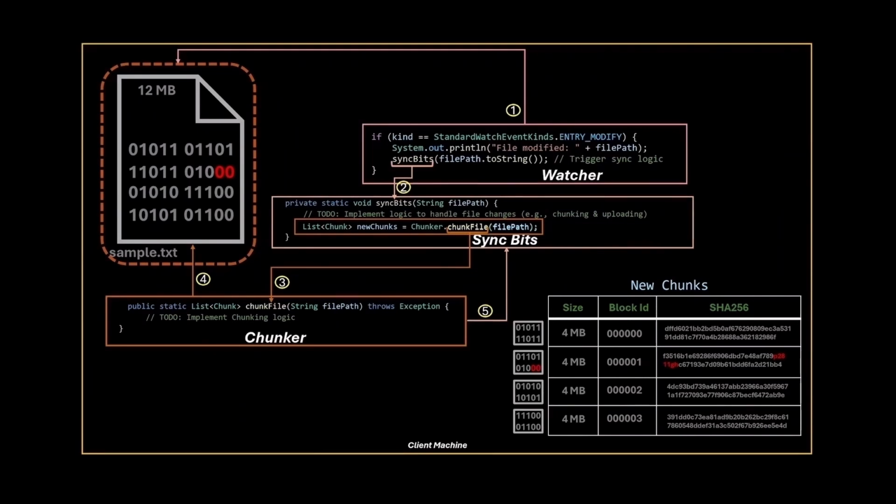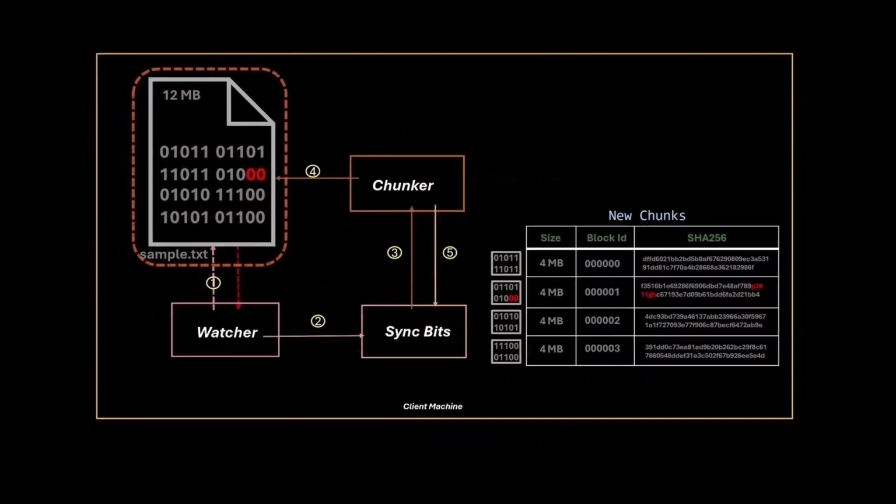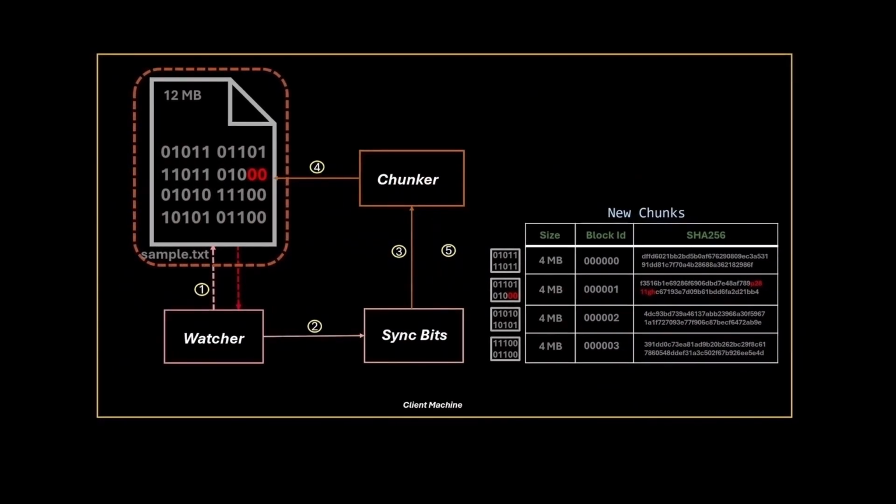The chunker service will create a list of the chunks of that particular file where the change has been detected, and send this list of chunks back to the sync bit service. That's the fifth step.